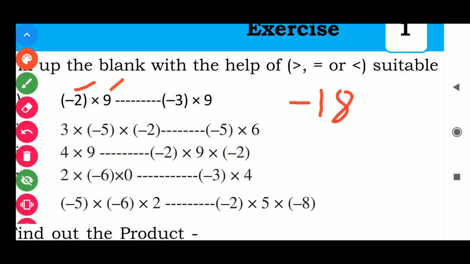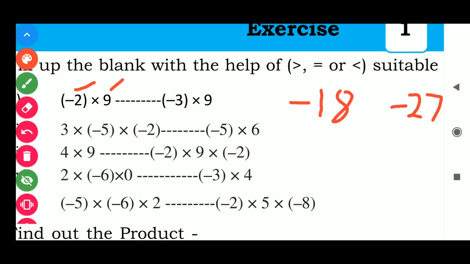And minus 3 into 9, that is 27 with minus sign, minus 27.